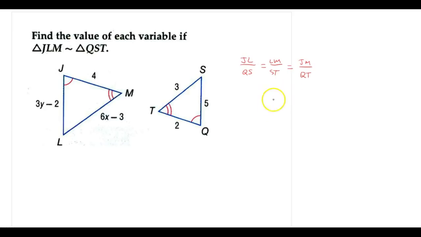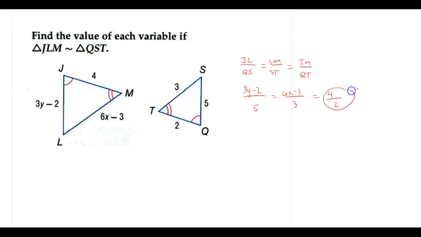So once I know from the similarity statement what sides correspond, I'm just going to set these ratios up. JL is 3y minus 2 over QS is 5 equals LM is 6x minus 2 over ST is 3, which equals JM 4 over QT is 2.